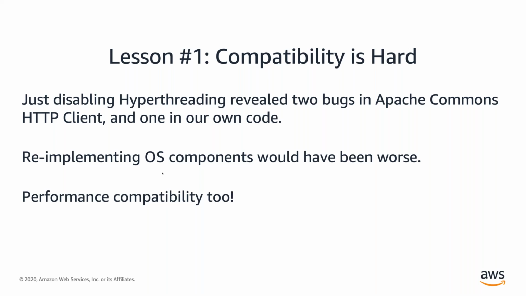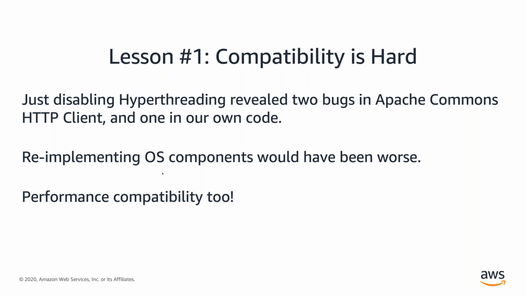We've upstreamed fixes to both of those, but a very small change like disabling hyperthreading can break code. And this is one of the things we like about virtualization, about booting real Linux, is that re-implementing OS components, implementing a library OS, for example, has even more compatibility challenges, or vastly harder compatibility challenges.